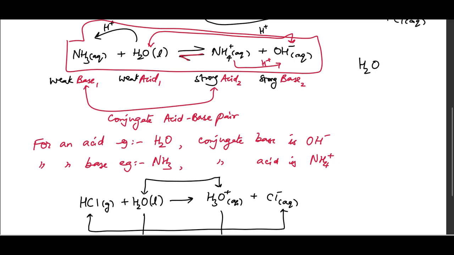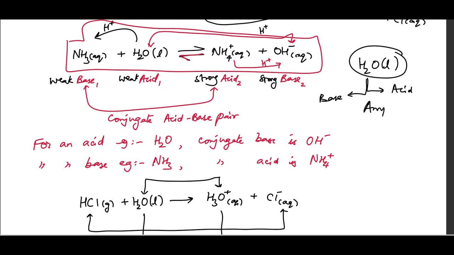So H2O acts as an acid in one case and as a base in the other. Such compounds are called amphiprotic species. In a particular reaction, it can take up a proton and become a base, like in HCl plus H2O. In another case, it can donate a proton and become an acid, like in NH3 plus H2O. So it is an amphiprotic species. There are some other compounds like that.